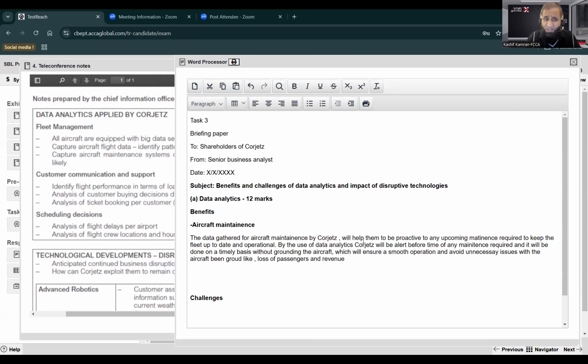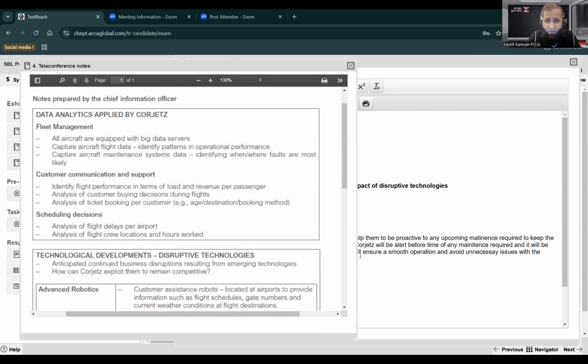Second, you can use from the customer communication support. You can take a point, identify the flight performance in terms of load and revenue per passenger.